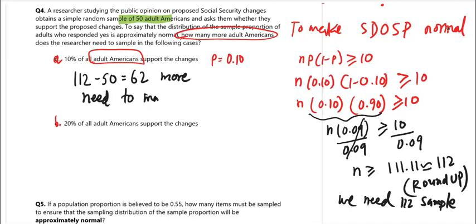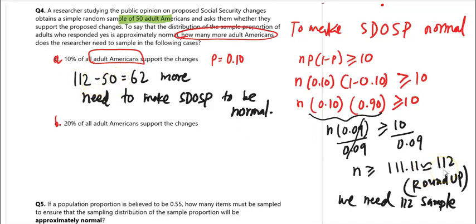So 62 more are needed to make the sampling distribution of sample proportion normal. That's what the question asks: how many more the researcher needs to sample in the following cases. For part A with 10%, they need 62 more than 50, so altogether 112.